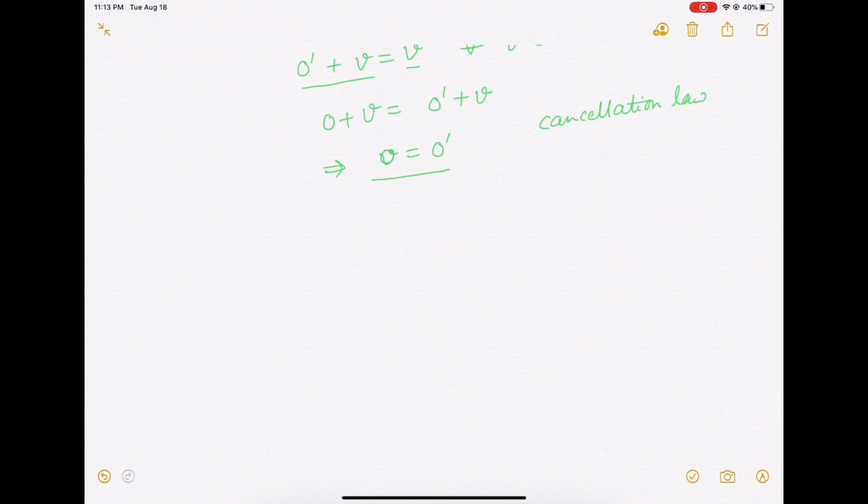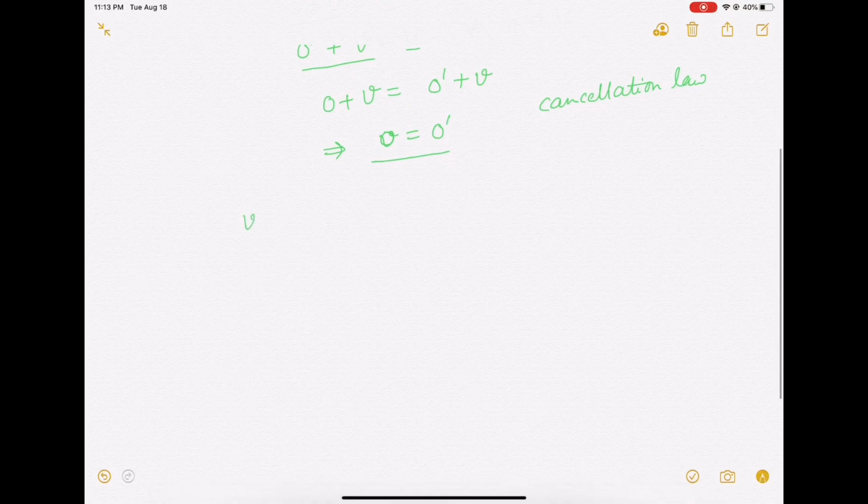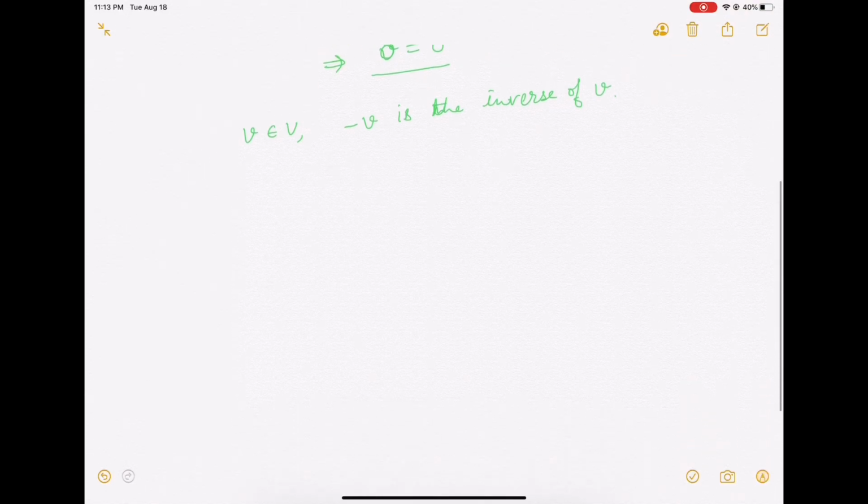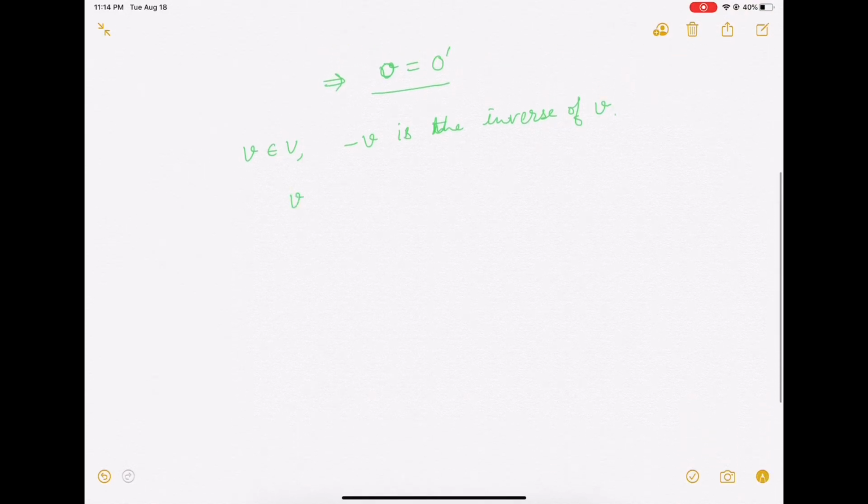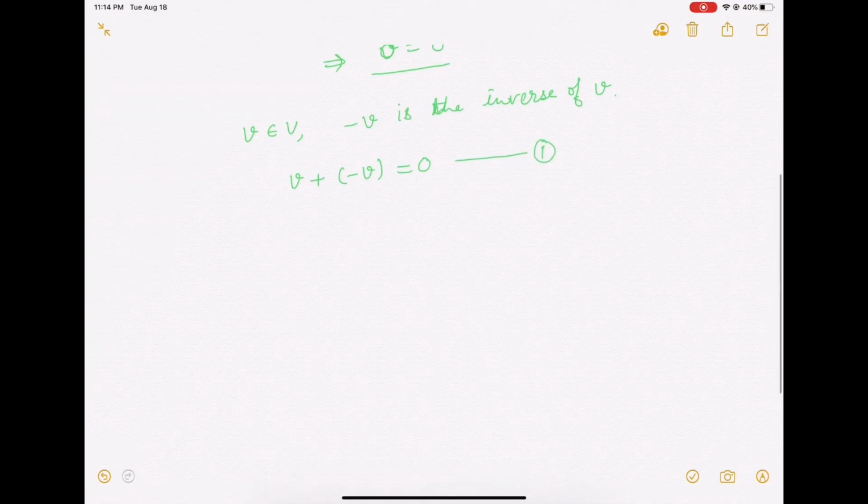In the similar manner, we prove that the inverse element is also unique. Suppose v belongs to V and minus v is the inverse of v. Since minus v is the inverse of v, v added to minus v gives us the identity element 0. Suppose this is the first equation.